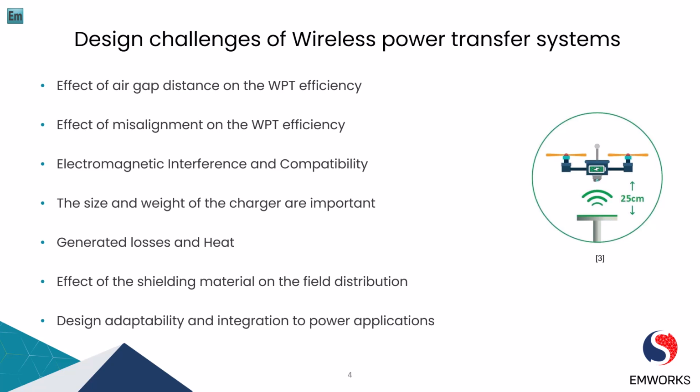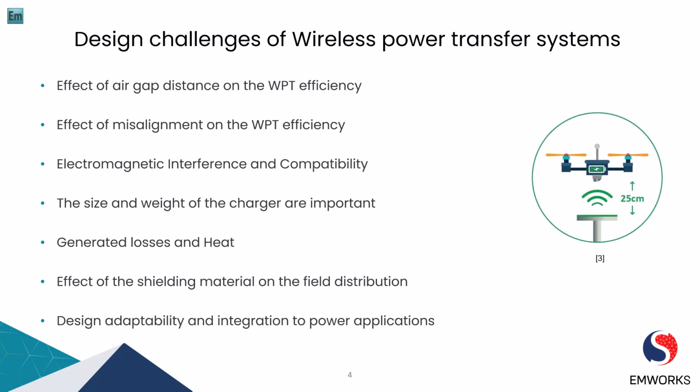Next, electromagnetic interference and compatibility is another critical design challenge for wireless power transfer systems. The system must not interfere with the other electronic devices in the vicinity and must be compatible with existing standards and regulations. Then the size and weight of the charger are also important design considerations.